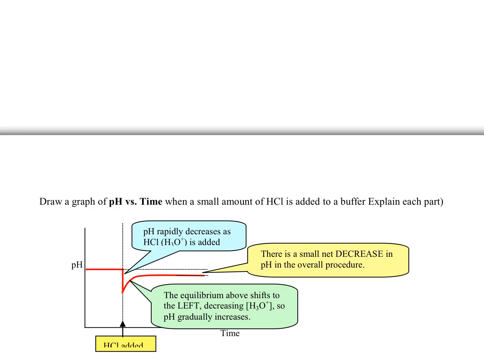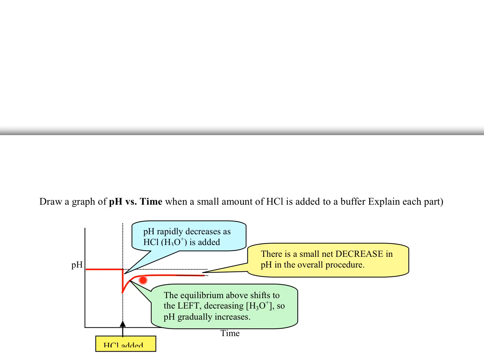If I was to draw a graph of pH versus time, when I add a small amount of HCl to a buffer, my pH stays constant, I add HCl. So if I'm measuring pH, my pH should drop with the addition of HCl. And it does. However, because buffers are made with weak acids or weak bases, they are made to shift using Le Chatelier's principle, and it does.